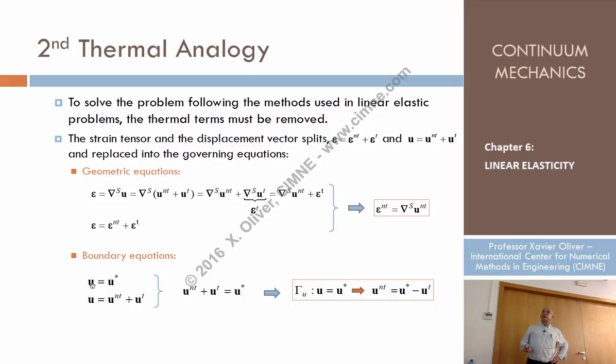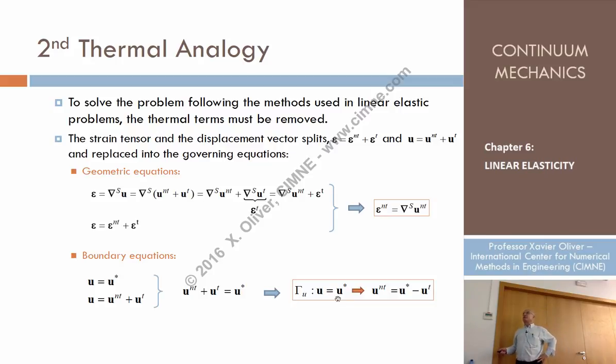The boundary conditions that initially were set at the gamma u, the u equal u star. That means that u, which in turn is equal to the non-thermal part of displacements plus the thermal part of displacements, then can be written like that, and then I can pass that term here to the other side.